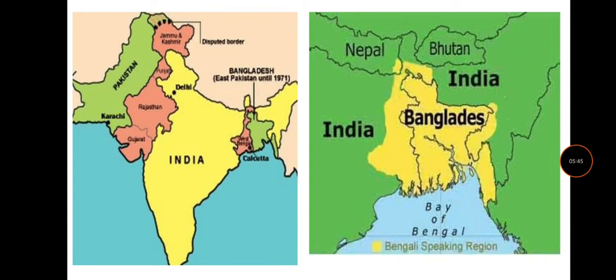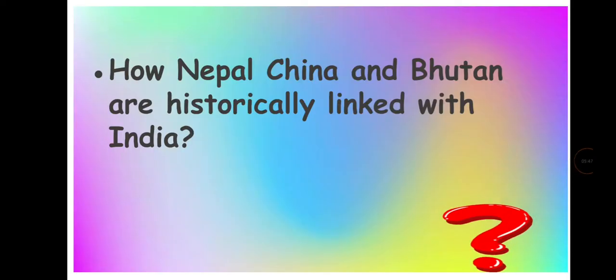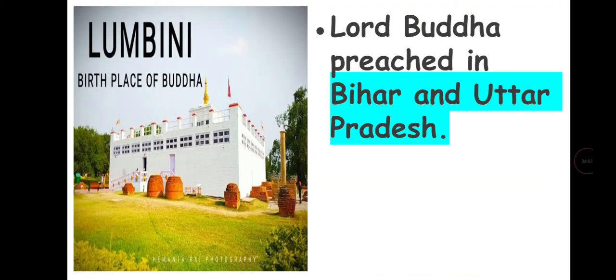Now let's discuss the next question, how Nepal, China and Bhutan are historically linked with India. So Nepal, China and Bhutan are located to the northeast of India and also have historical links with India, like Gautam Buddha was born in Lumbini in Nepal and he preached in Bihar and Uttar Pradesh in India.